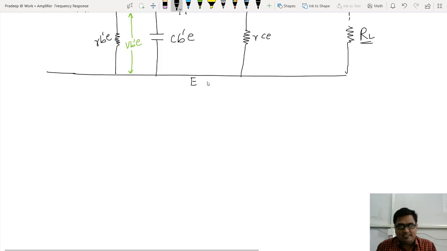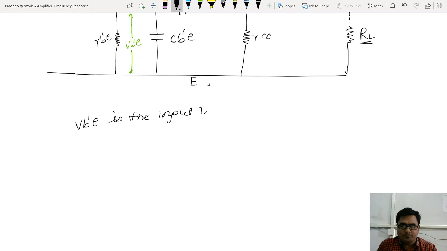Obviously the base is at the input side. We are applying the input signal to the base. So Vb'e is the input voltage. If I change the input voltage, the output voltage will change. That is the basic amplification.